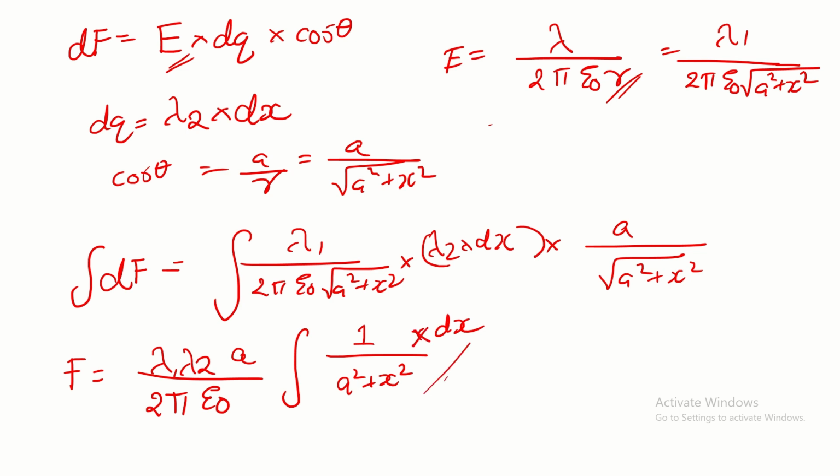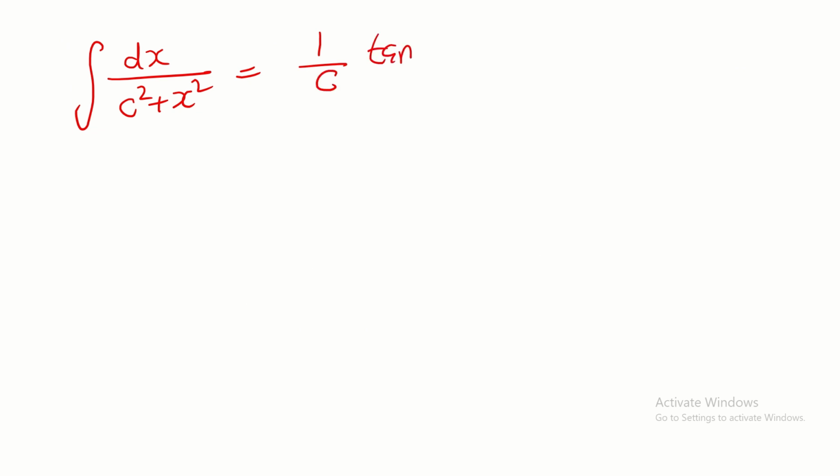So we need to use one of the calculus formulas, which is that the integral of 1 by a constant square plus x square dx, for the general formula we'll write integral dx by c square plus x square, would be equal to 1 by c into tan inverse of x by c plus a constant, if we are doing indefinite integration.